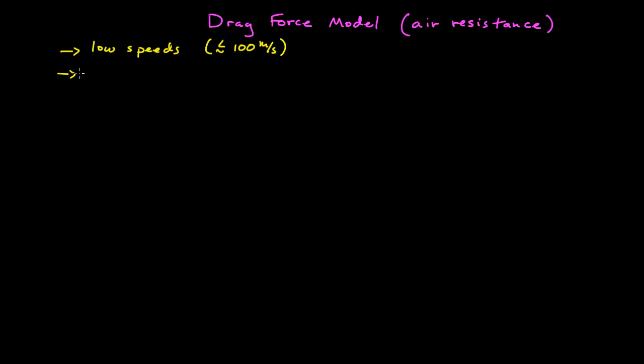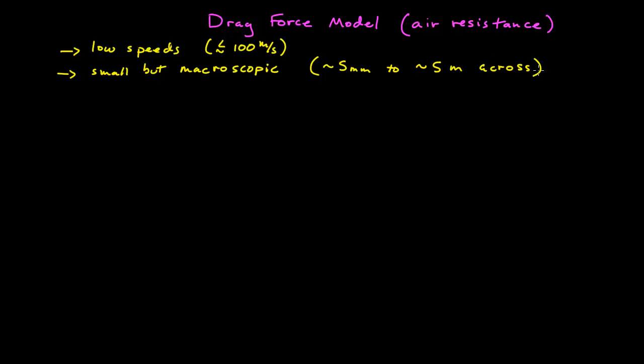We're also going to be looking at objects that are small, but still macroscopic. So that's telling us we're looking at sizes that scale from about 5 millimeters to something like 5 meters across.